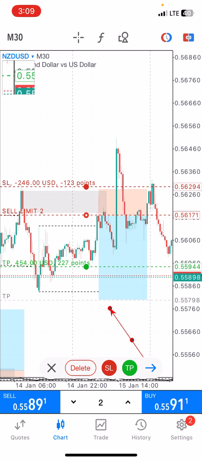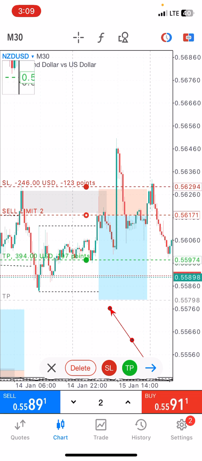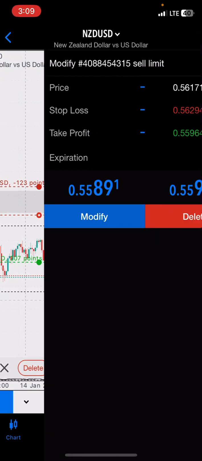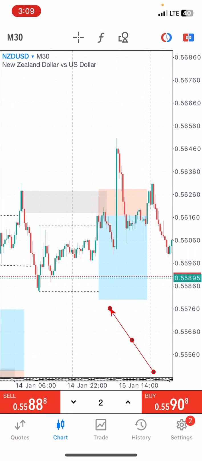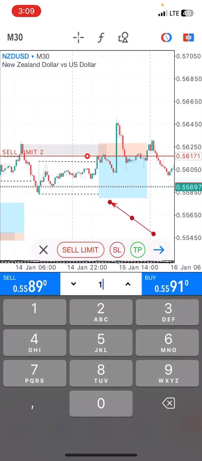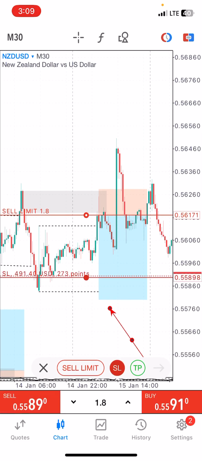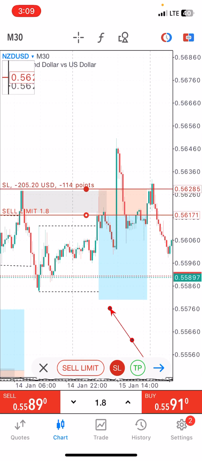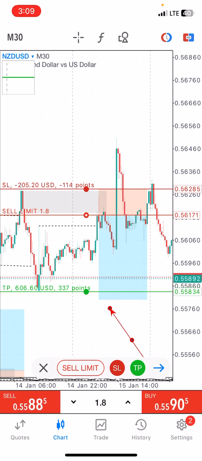How did I calculate this thing yesterday? I'm not getting this calculation. Hold on. Let me delete this thing. Okay, let's start again. Okay, 200 is the risk, so TP is going to be 600.